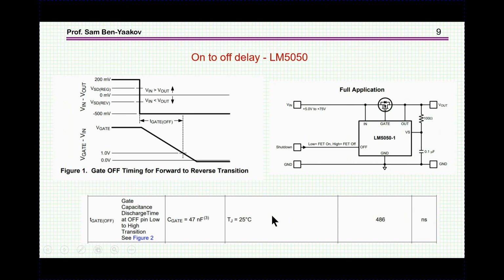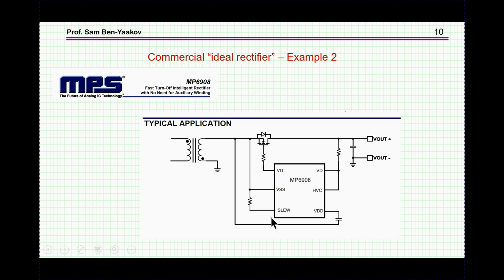So for this application, this is okay. However, there are commercially available units which are compatible with the requirements of a switch mode converter. For example, this MPS unit, MP6908, as shown here, is intended for a flyback. You can use it in a flyback. This is the secondary side of the flyback.